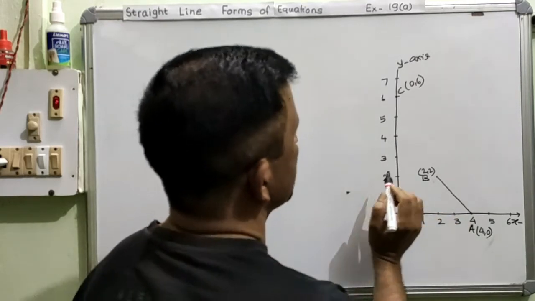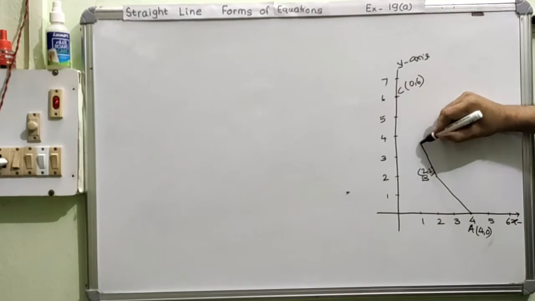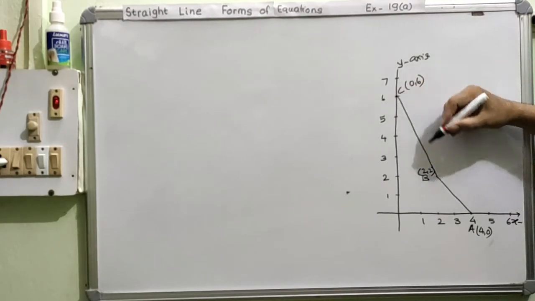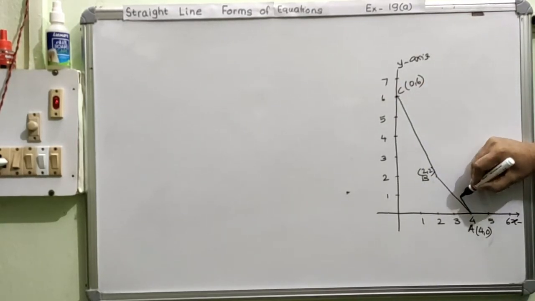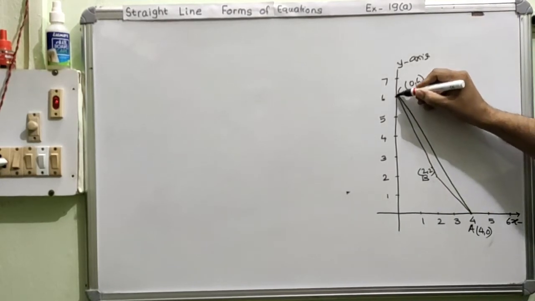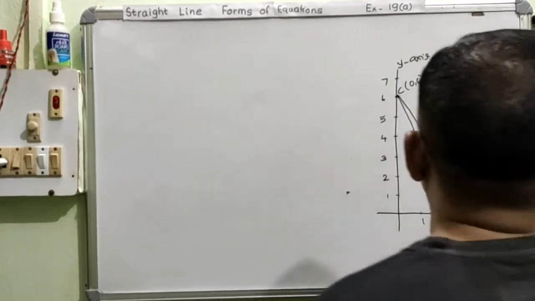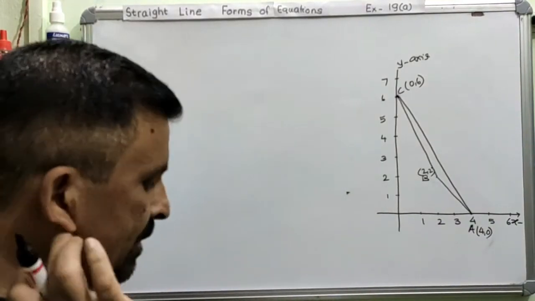B to A joined, then B to C joined, right? And then A to C also joined this way. Okay? Don't look at the beauty of my diagram. I'm so sorry. So this is the diagram that you see.